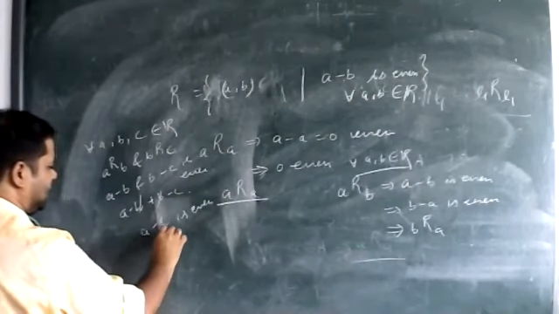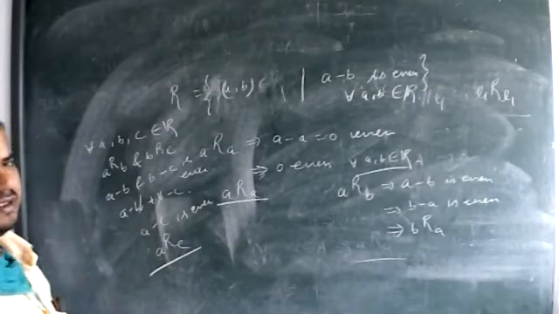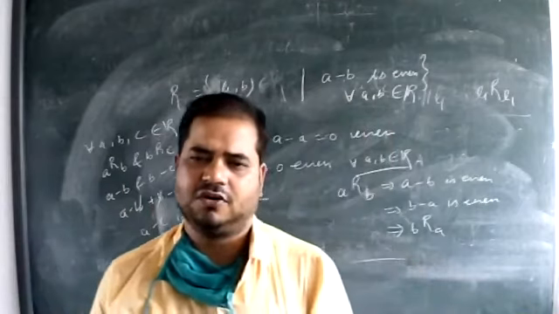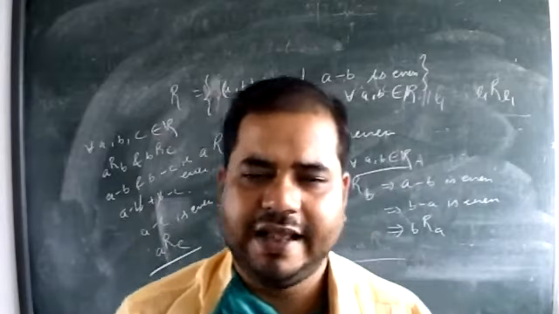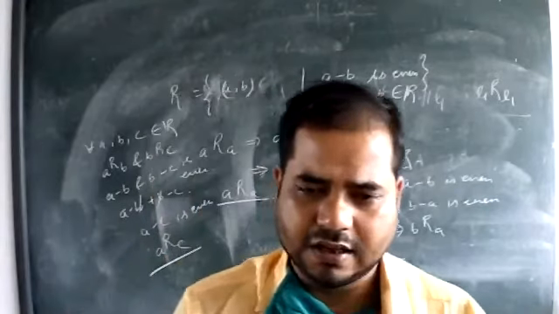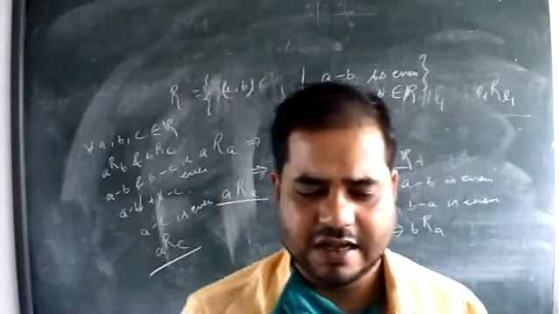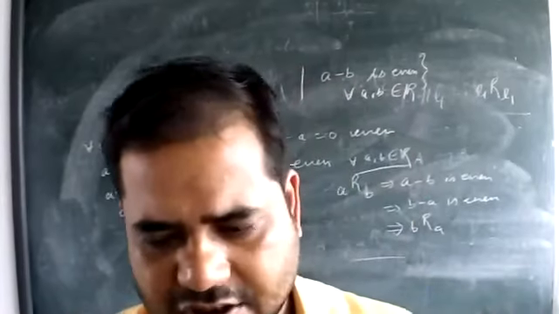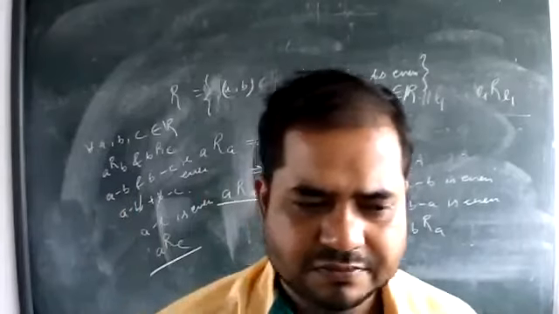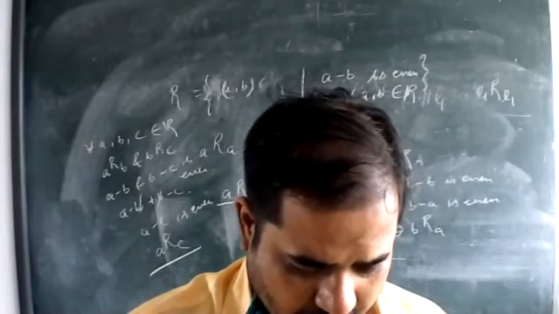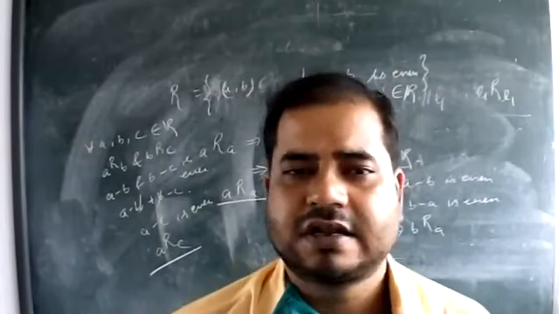So a is R related to c. This means the given relation is transitive also. In this manner we can say the given relation is reflexive, symmetric as well as transitive, so this is an equivalence relation. Is that clear? Okay. Yes, sir. I hope it is clear now.